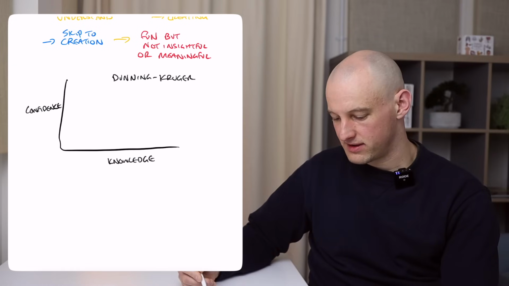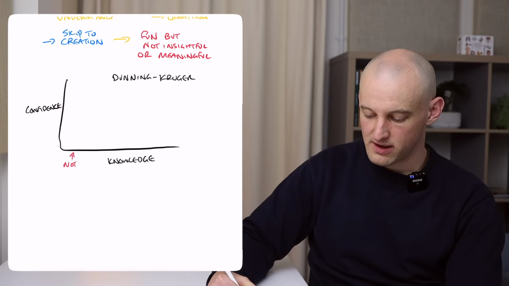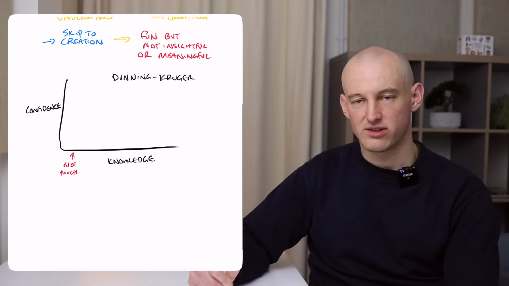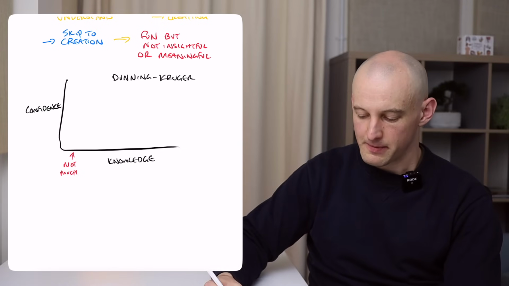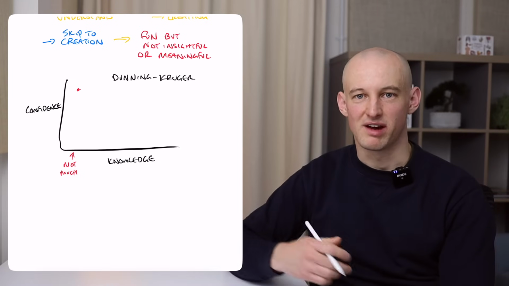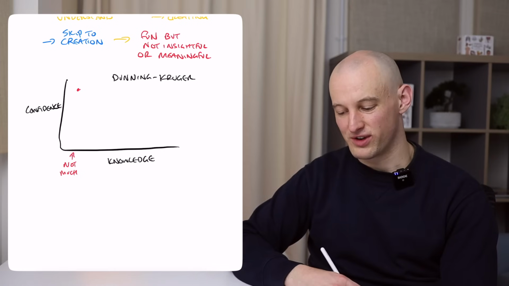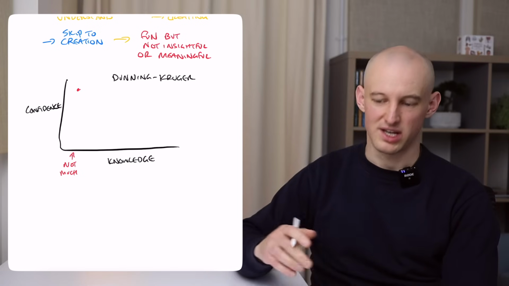I might have got those the wrong way around, but when you have very little knowledge, little experience, little understanding of the topic, your confidence is actually very high. You're unaware of your own ignorance. You think you know everything, but you don't.